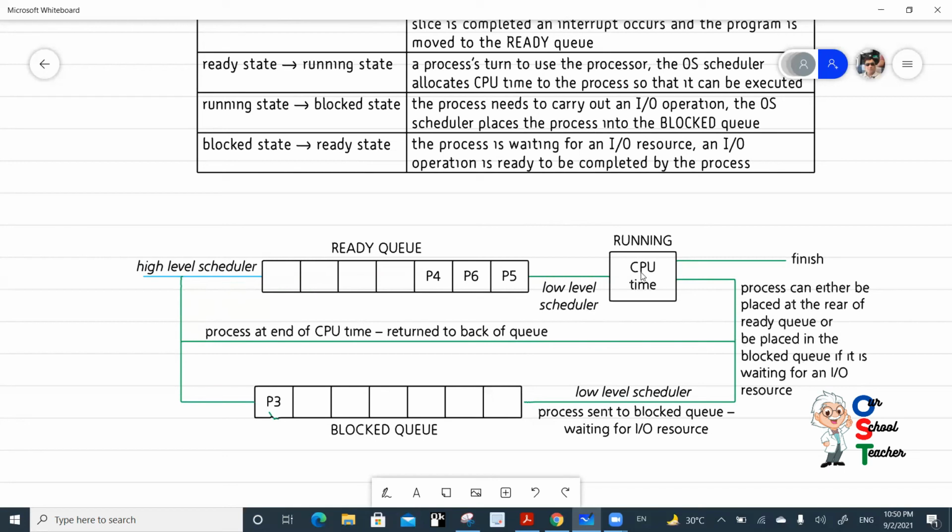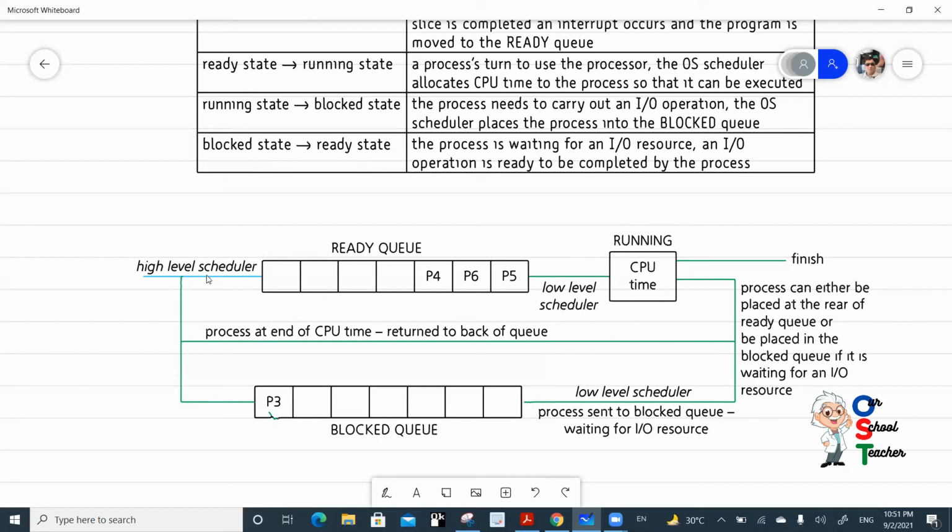So for example, if the process requires any IO resource, for example a printer, then it will be put in the block queue, and from this block queue it will go back to the ready queue, and from here it will again wait for its turn, and then CPU time will be given to it using the algorithm and the priority, and then if it is finished, then it will be terminated.